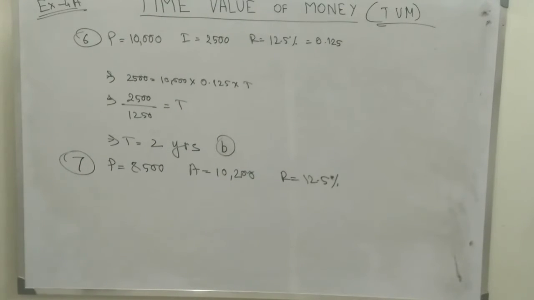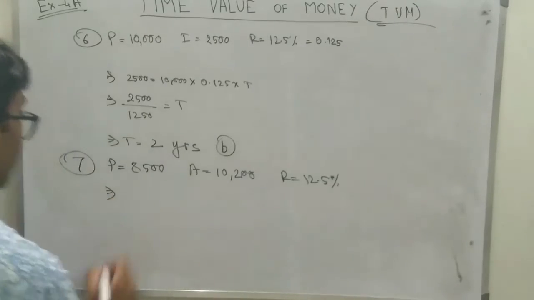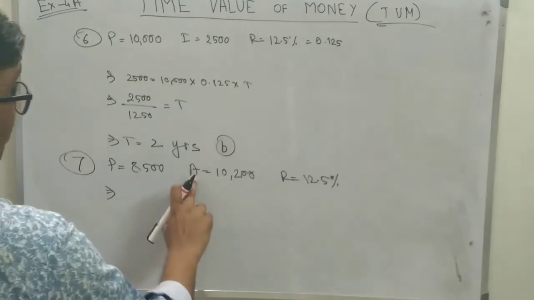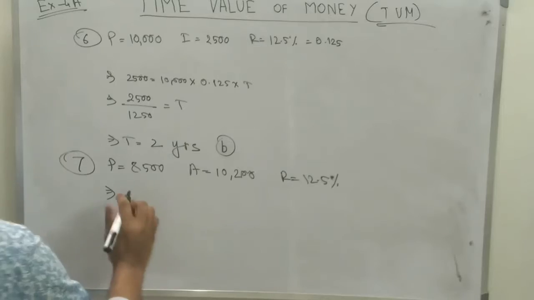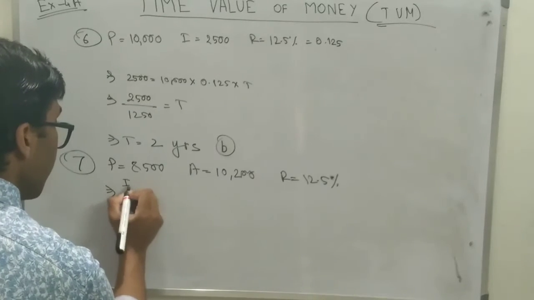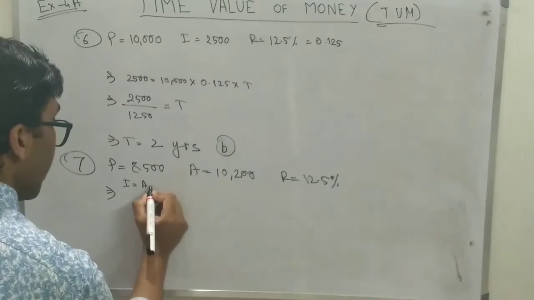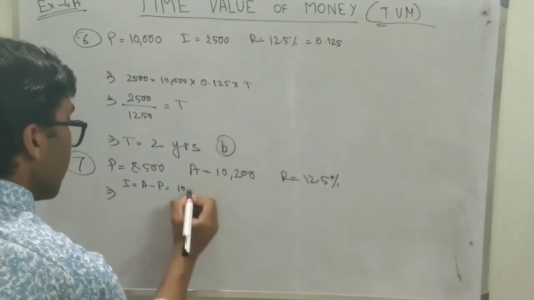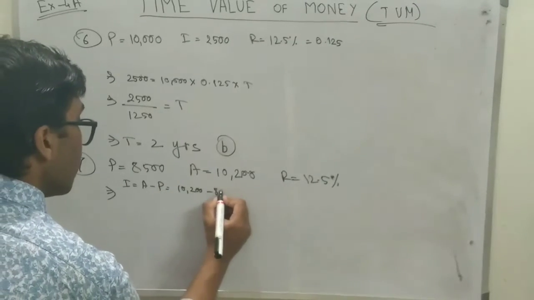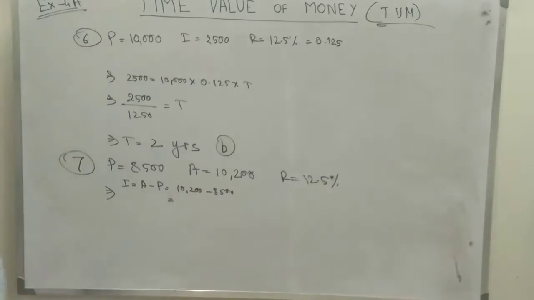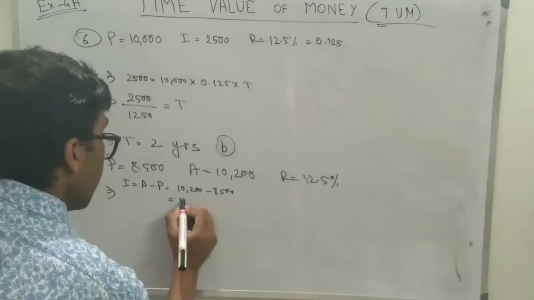T will be, again same type of question, but over here you are given the accumulated amount, not the simple interest. So for calculating simple interest, you have to calculate like this: A minus P, which is 10,200 minus 8,500, which is 1,700.